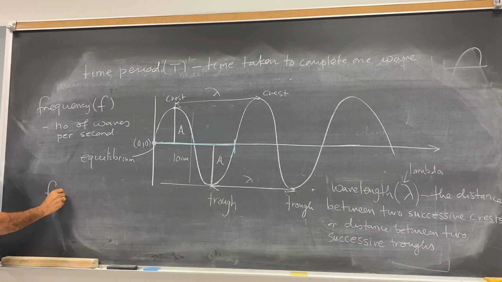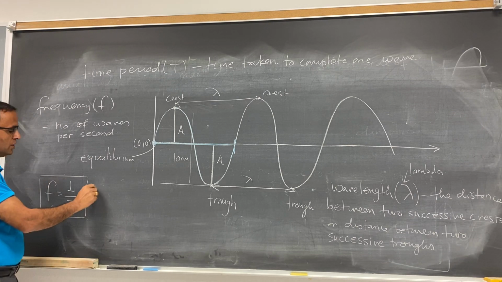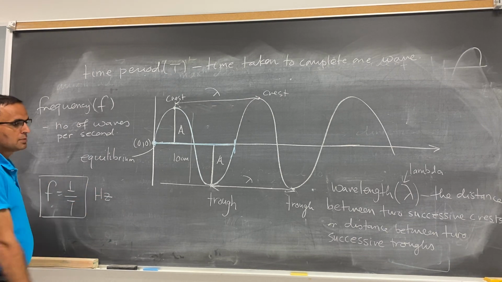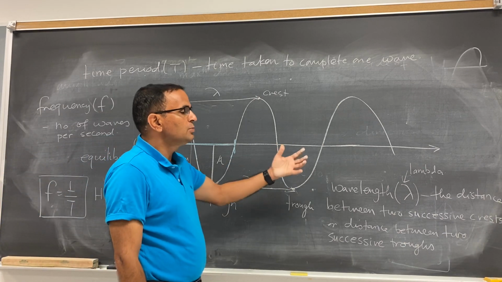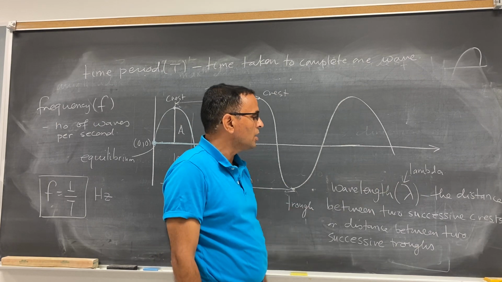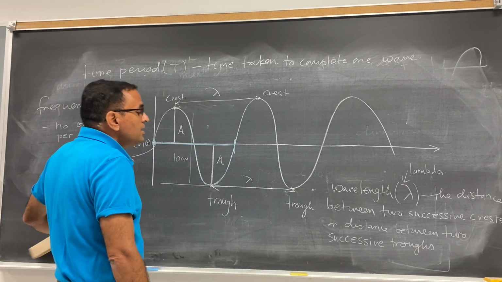And you know that the frequency is 1 divided by time period. This is the formula. We already talked about it. Frequency is 1 over time period, and the unit is, of course, hertz. So time period, frequency, wavelength. Wavelength is the distance between two successive crests or two successive troughs.